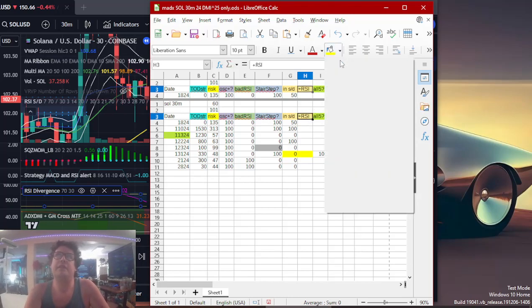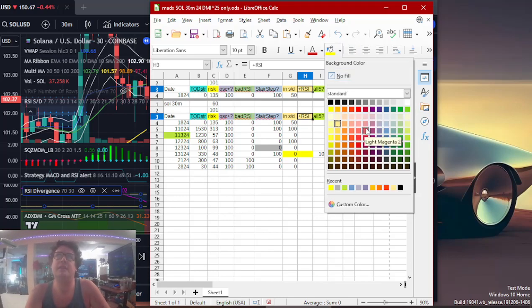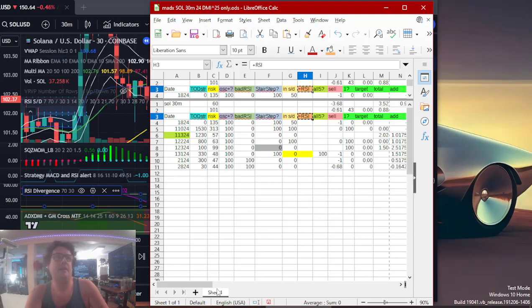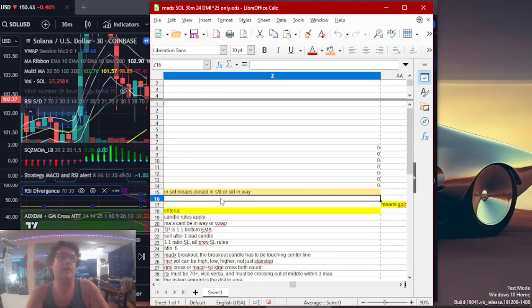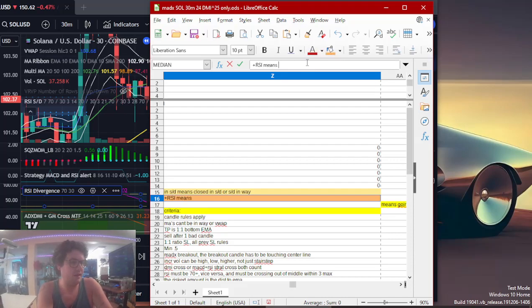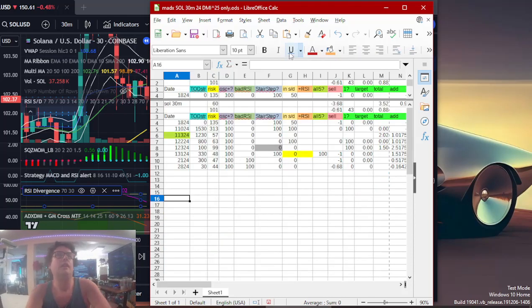Let's give it a fun color. How about magenta? Red looks too similar. There we go. I'm going to make a note. It means below 50 for short, above for long.